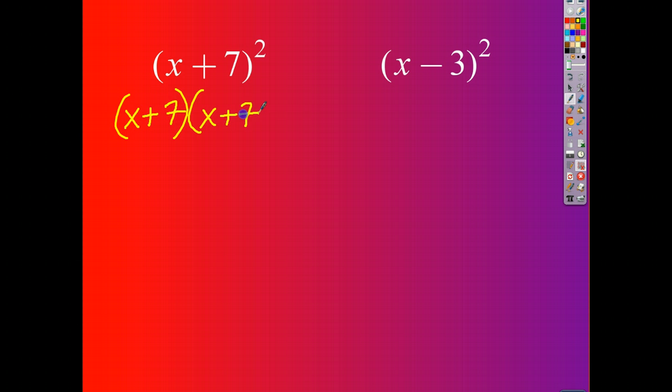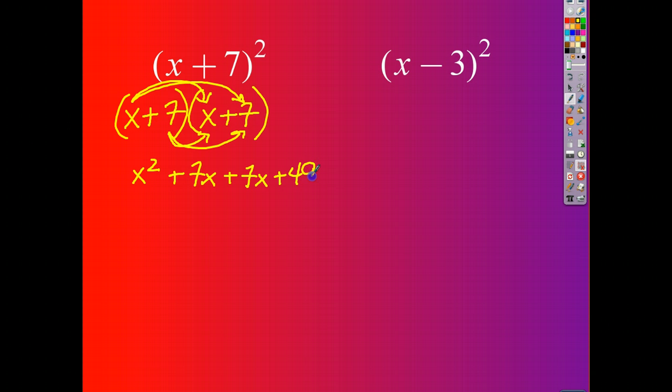We can use the FOIL method or the box method, whatever works. We do x times x, which is x squared, x times 7, which is 7x, then 7 times x, which is 7x, and 7 times 7, which is 49. So you simplify this to x squared plus 14x plus 49.